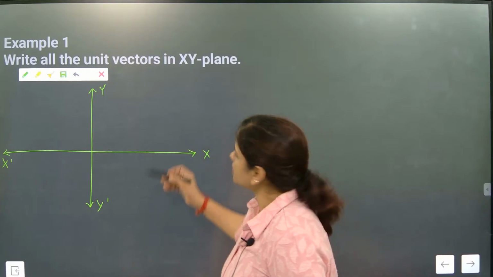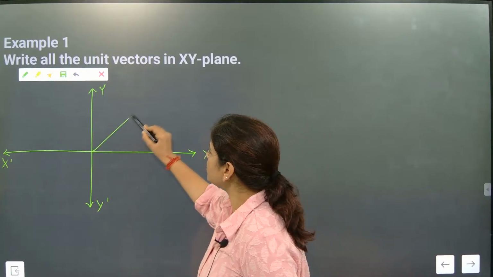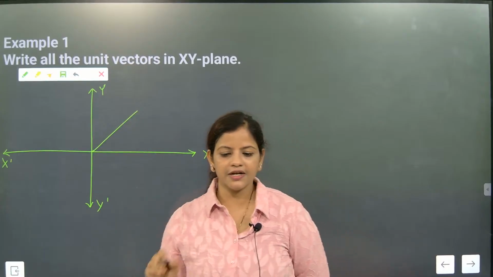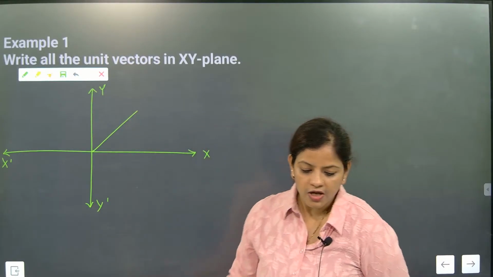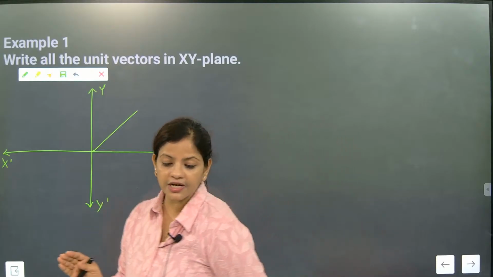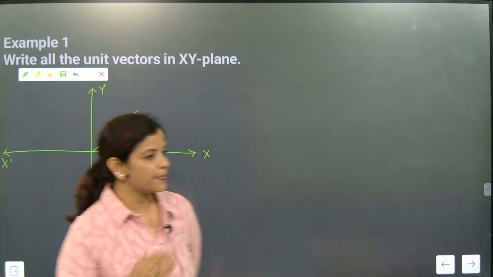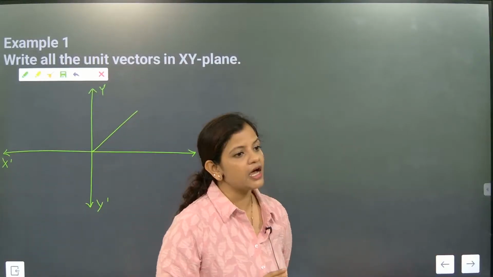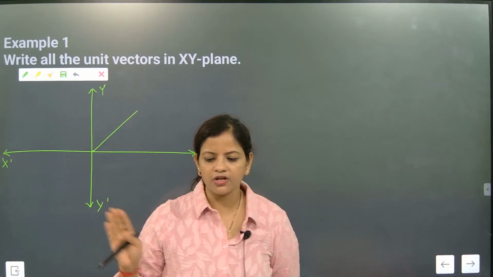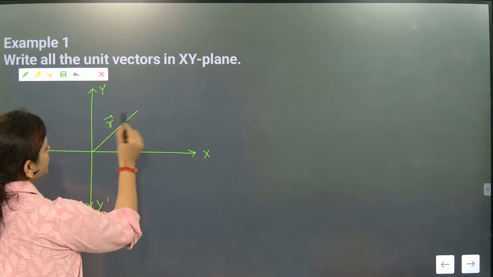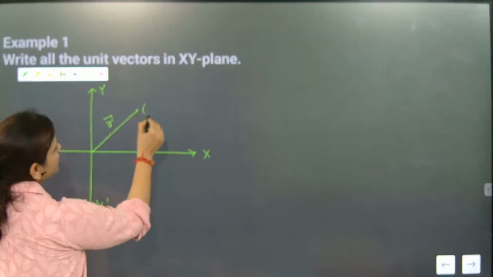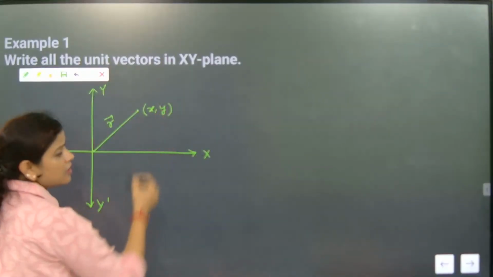Now when you are drawing this, this is the resultant R. We are going to put that. So here R vector means a resultant vector R vector we are going to take. Just for a simple understanding, if I am taking this as R vector, here at this point, can I consider this as x and y?